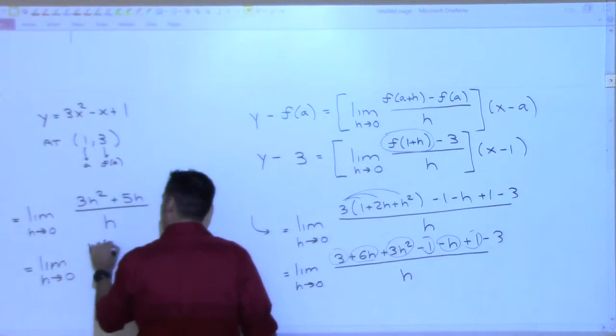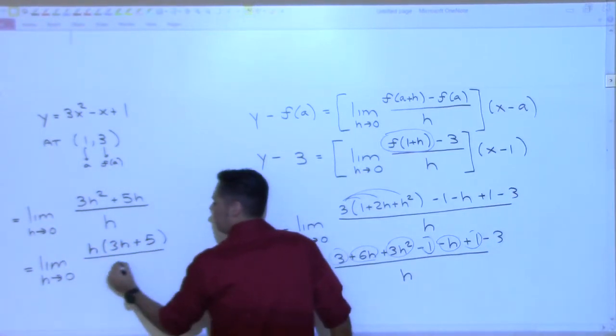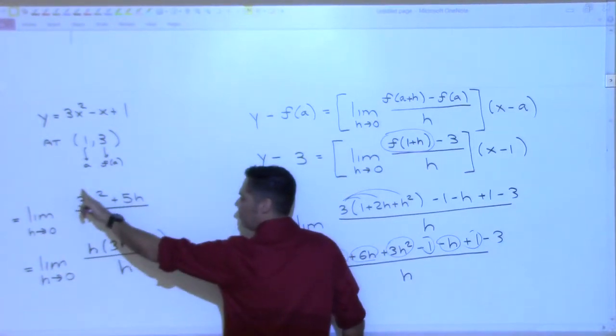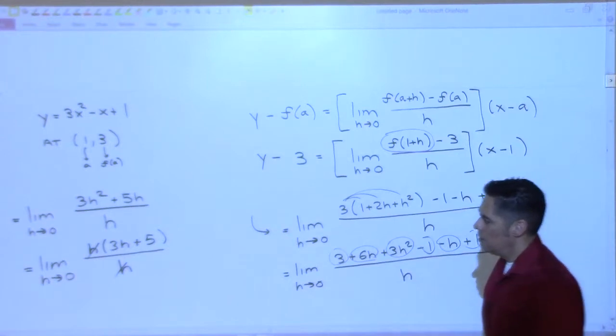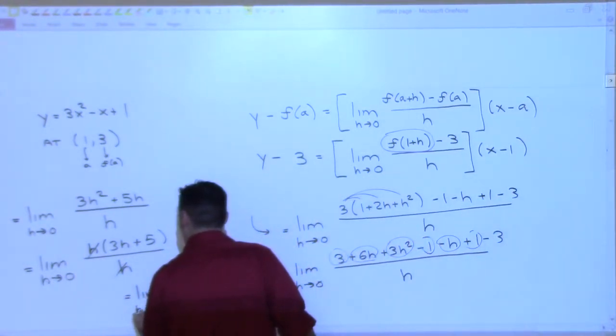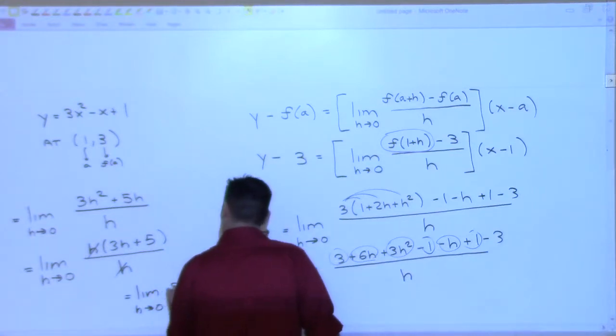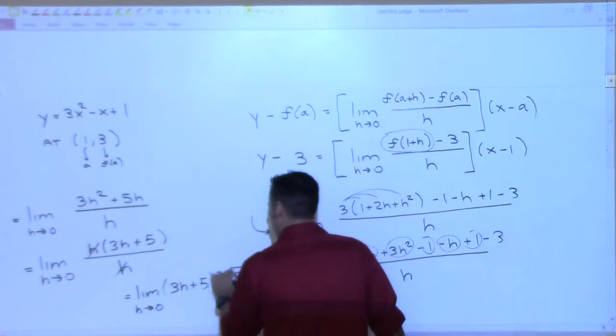I can pull an h out of the top. That's just greatest common factor out of the top, right? H comes out, and then now bam, bam, like that. And then we will do the limit as h goes to 0 of 3h plus 5, and that's just 5. And wasn't that what we got earlier?